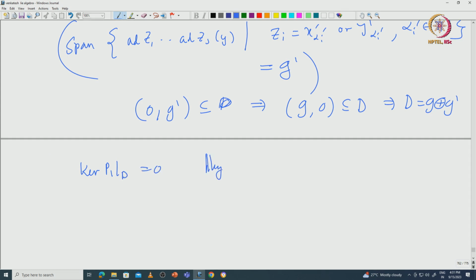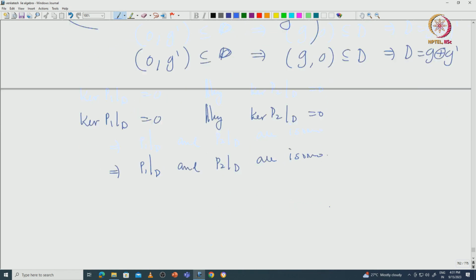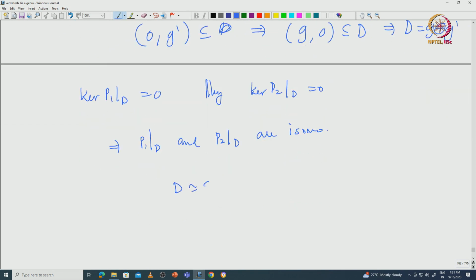Similarly, you can prove that the kernel of P2 restricted to D is also 0. So, that implies P1 restricted to D and P2 restricted to D are both isomorphisms. So, that means D is isomorphic to G and D is also isomorphic to G dash. Then using those isomorphisms you can get G isomorphic to G dash. Okay.